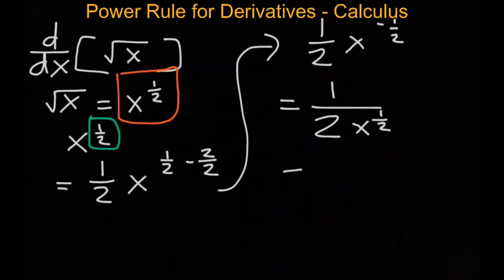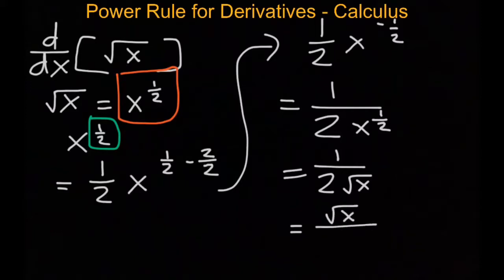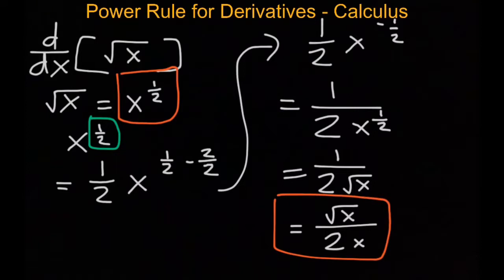So that's the same as 1 over 2 times the square root of x. So let's rationalize the denominator. So we can multiply the square root of x into the numerator and the denominator. So what we get is the square root of x over 2x. And this would be our final answer.